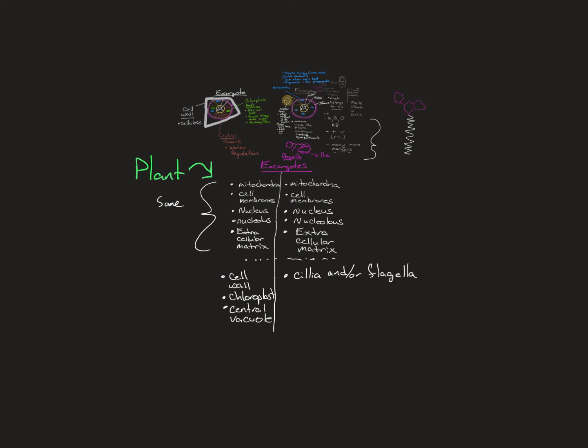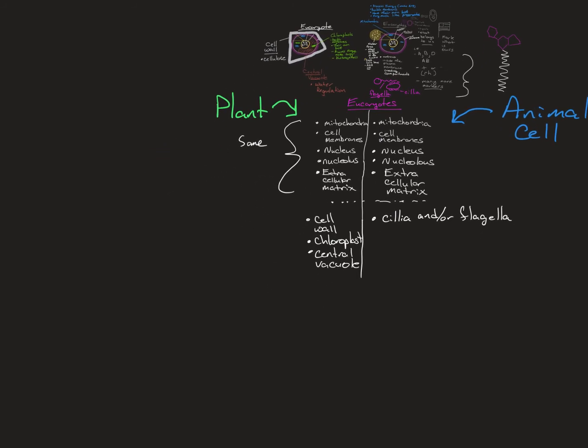And this one over here would be known as an animal cell. So one type of eukaryote is an animal cell, another type of eukaryote is a plant cell. Both plants and animals have nuclei.